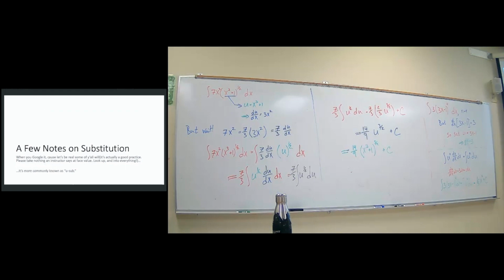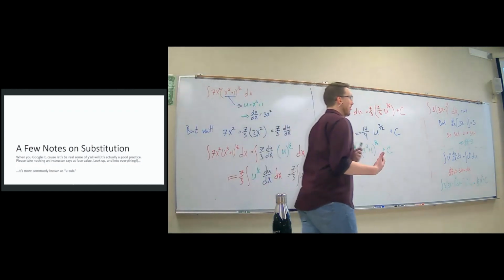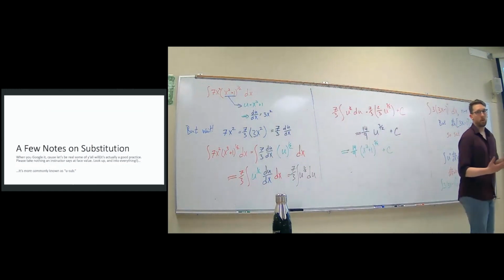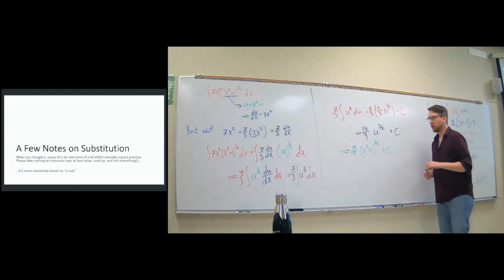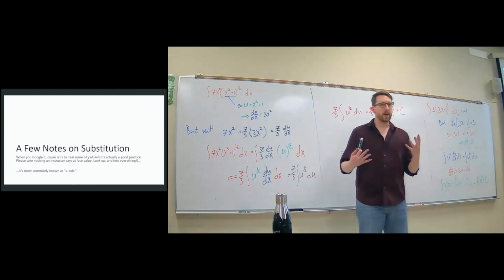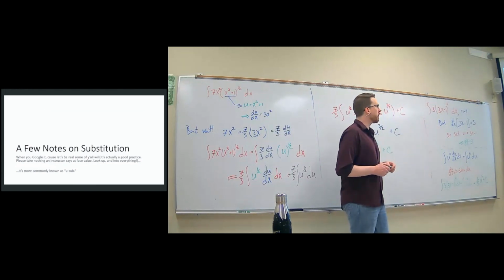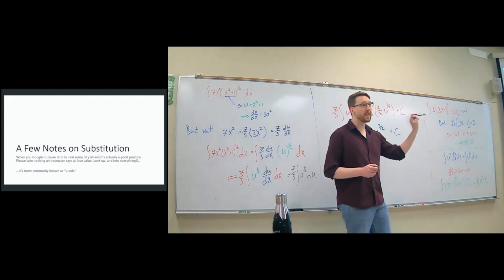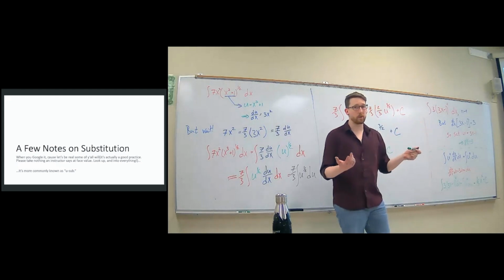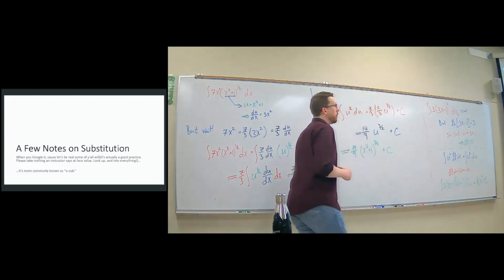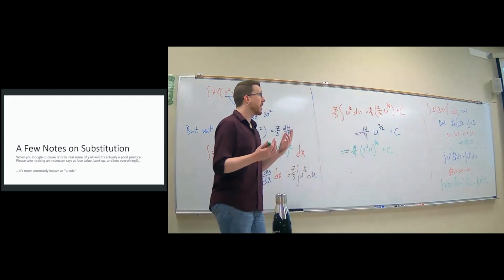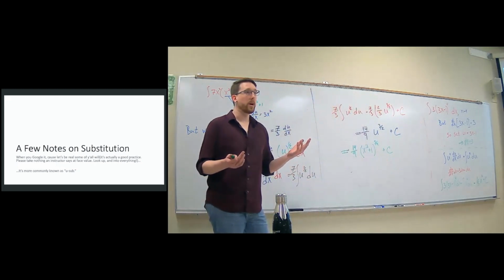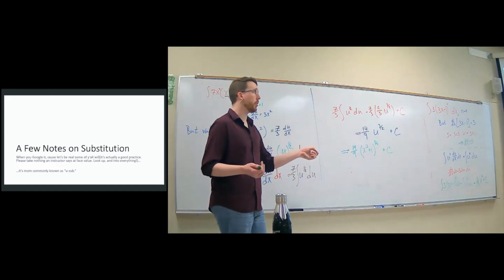If you go online and start Googling around on how to solve these types of problems, just for your own personal better understanding, to understanding beyond what I've been able to explain in class, you're going to find a lot of stuff on U sub. That is exactly what we're doing here. It's a method called U substitution. You're just rewriting your integrand in terms of U, and then your differential in terms of du.